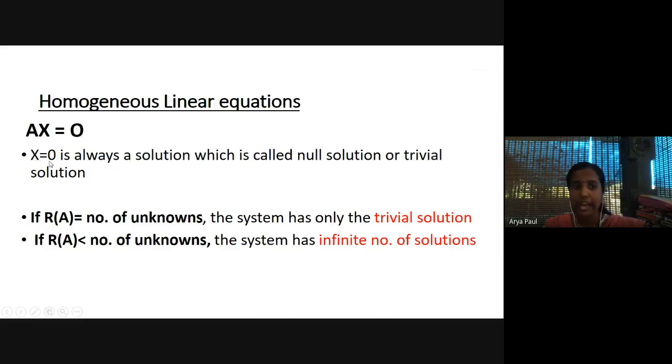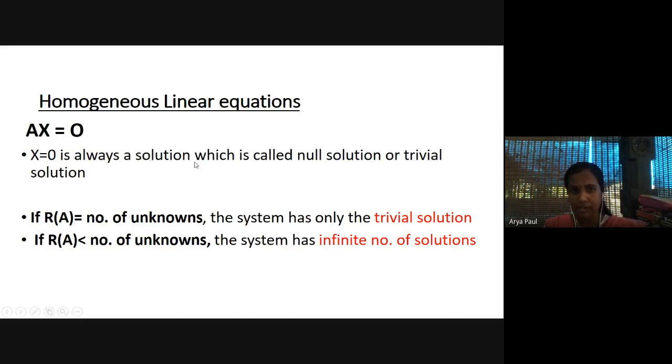That means x = 0 is always a solution for a homogeneous system of linear equations. Please understand that this is called a null solution or trivial solution.